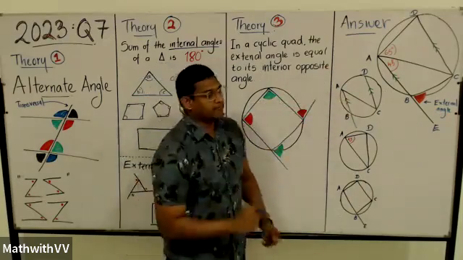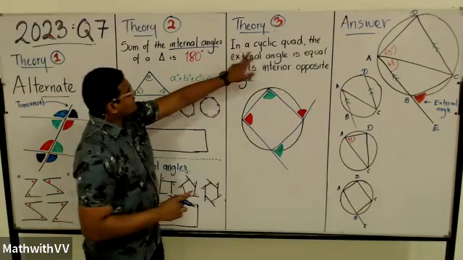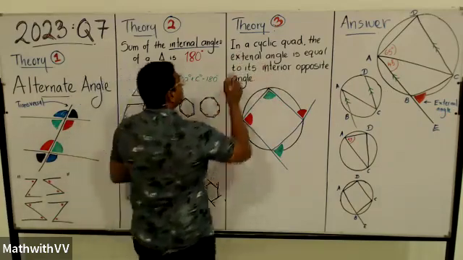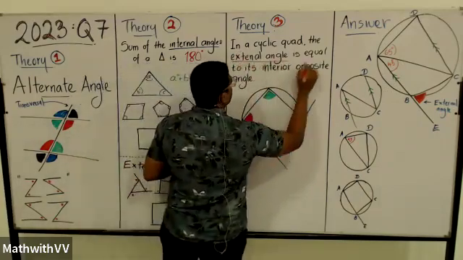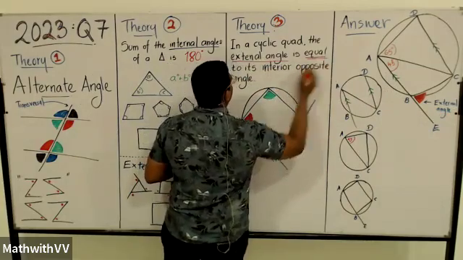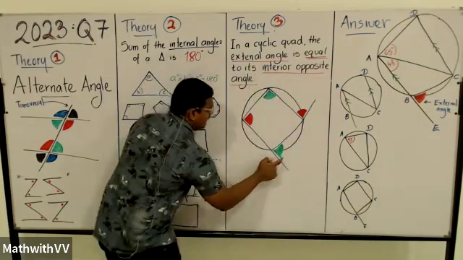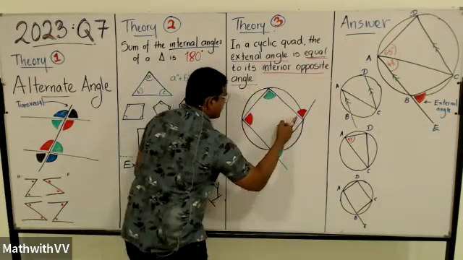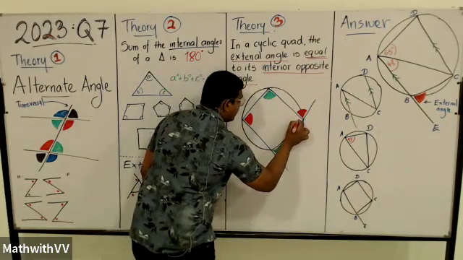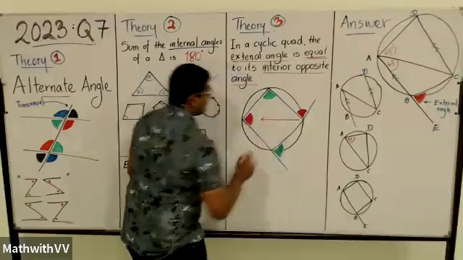There's only one. What is it? In a cyclic quadrilateral, the external angle is equal to its interior opposite angle.